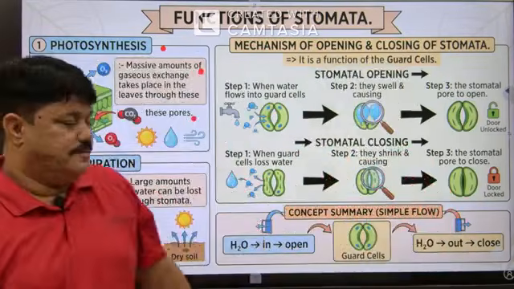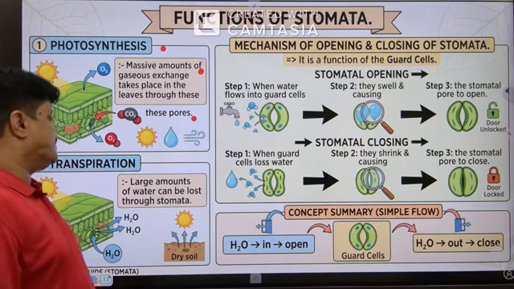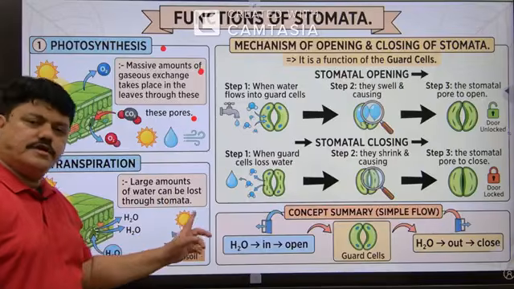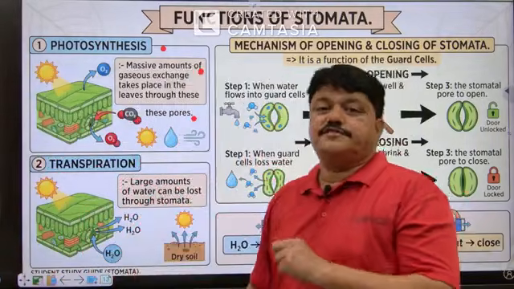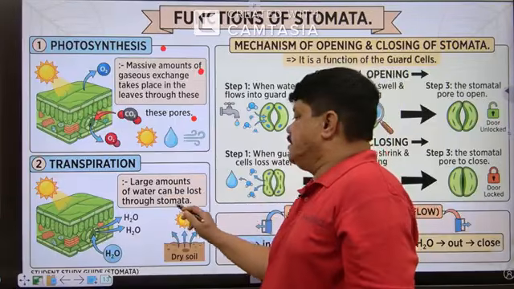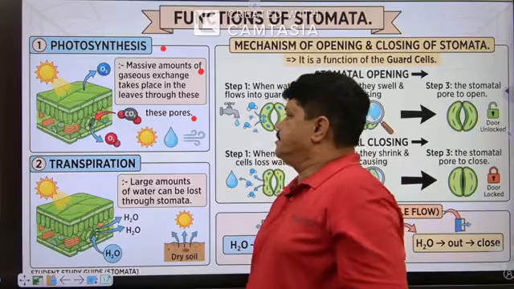The second physiological process is known as transpiration. During this process, large amounts of water can be lost through these stomata. The excess amount of water absorbed by roots is lost through these stomatal pores, and this process is called transpiration.